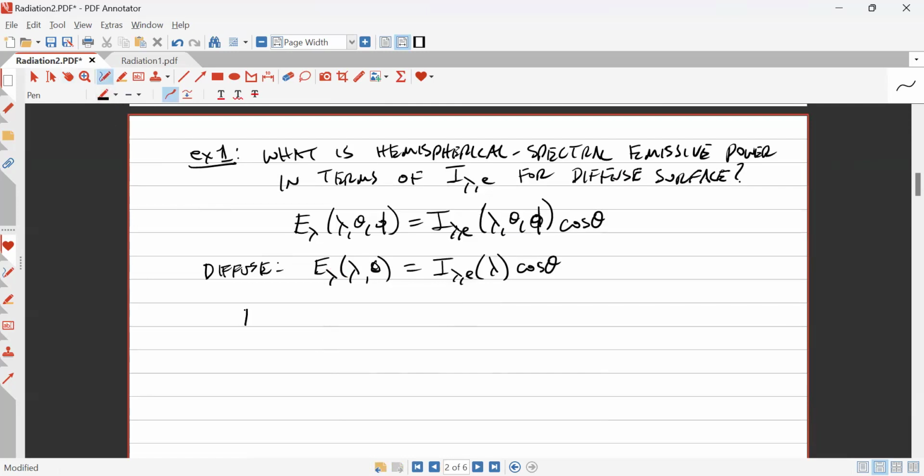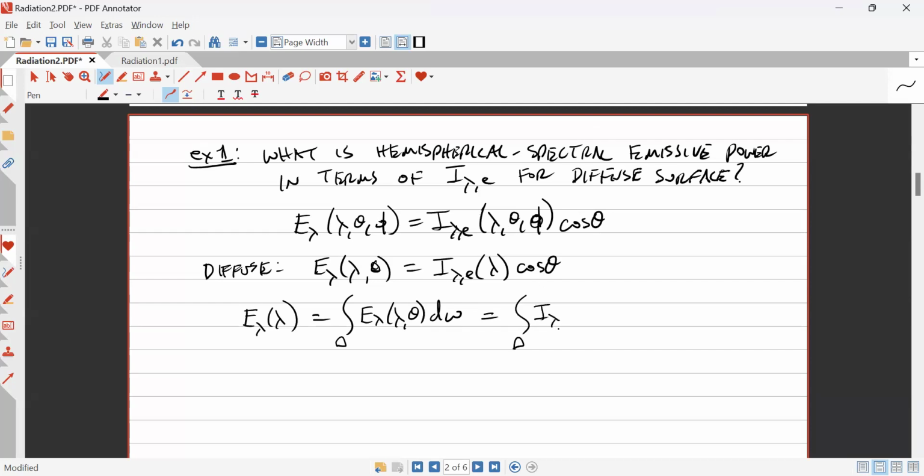So here we go. We're going to say E sub lambda is only a function of lambda, because that's the spectral side of it. The hemispherical side means it doesn't depend on direction anymore. And we're going to integrate over the entire hemisphere of solid angles. We can stick in the equation from the right-hand side above.